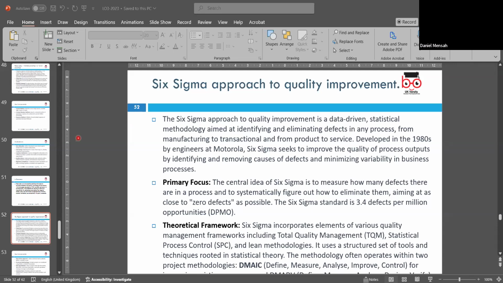Its main focus or contribution is as close to zero defects as possible. They want to minimize defects in your production. Their target is 3.4 defects per million opportunities. If you are creating a million products, the defect rate should be 3.4 defects.